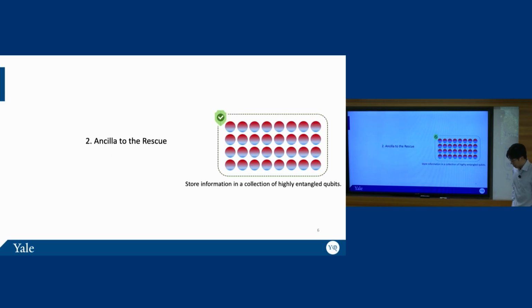The answer is yes, and the solution is also strongly inspired by classical error correction, but you have to have a few ingredients to make it work. The basic idea is still to encode information redundantly across multiple qubits, but the qubits have to stay in some kind of highly entangled state.